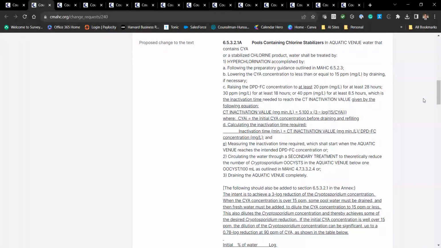Yeah, the reason that it goes up to 28 hours is because the CT value changes, or more specifically, the CT value doesn't change. The chlorine concentration changes because some of the chlorine is bound. It's not clear to me that this reflects that. Does anybody have insight on that? I'm not sure the equation is correct.